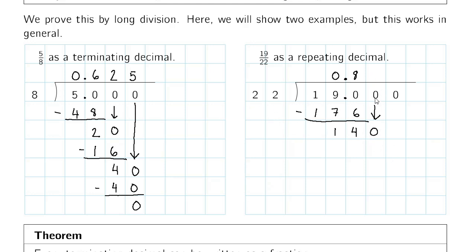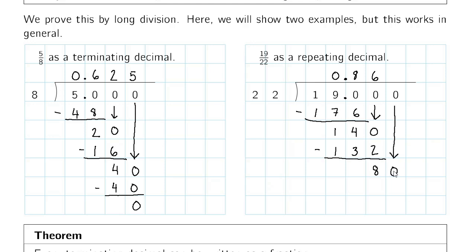22 goes into 140 6 times, because 6 times 22 is 132. We subtract. 140 minus 132 is 8.